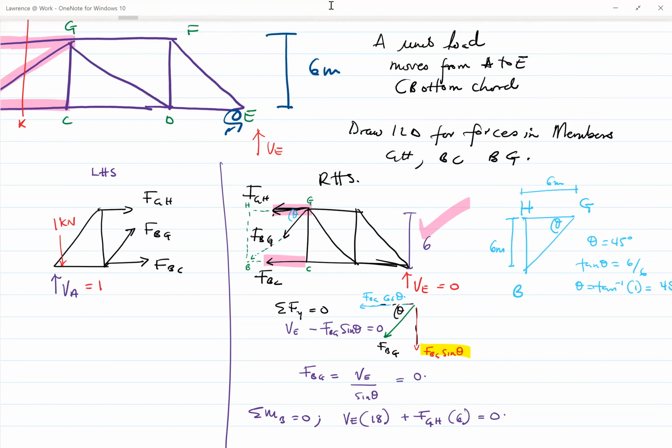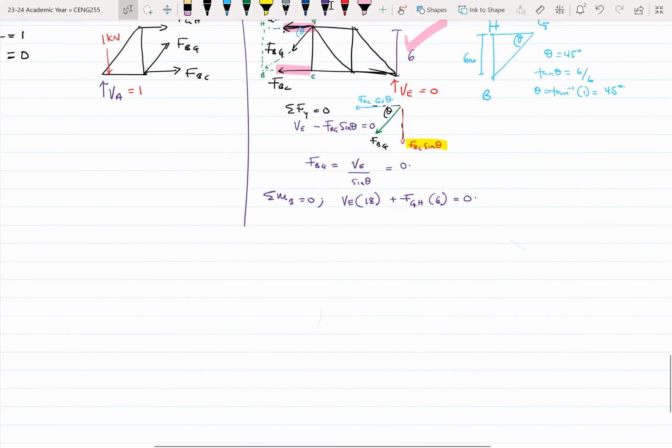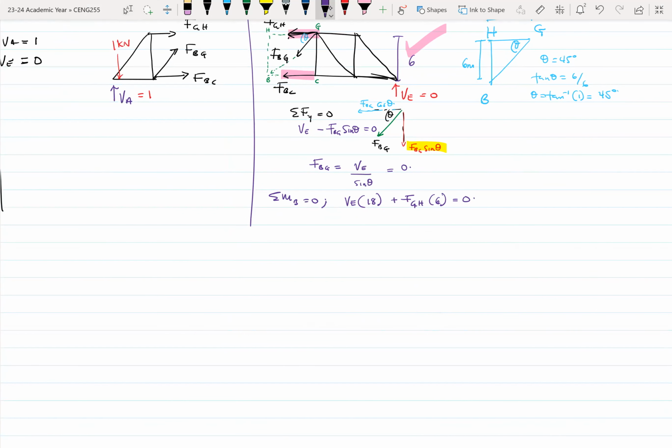All right, so going back, here we can tell that our FGH will be equal to 0. Now let's sum horizontal forces. Let me do that on this side. Summation of horizontal forces equals 0. So here our FGH plus FBC equals 0.